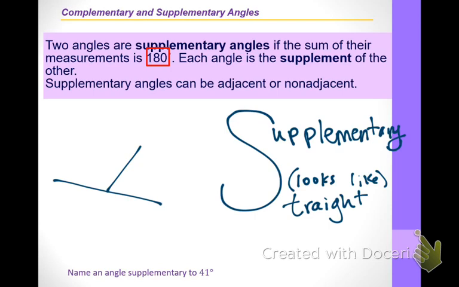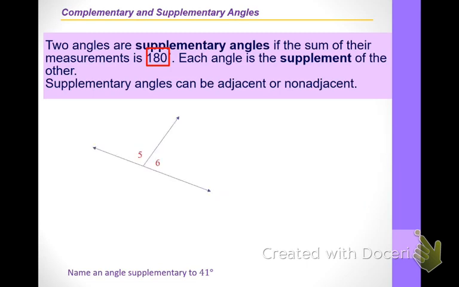So this was your first picture. These would be considered adjacent. They're adjacent because, again, they share this wall between them. So they could look like this. So again, this is what makes them adjacent, because they share a wall.